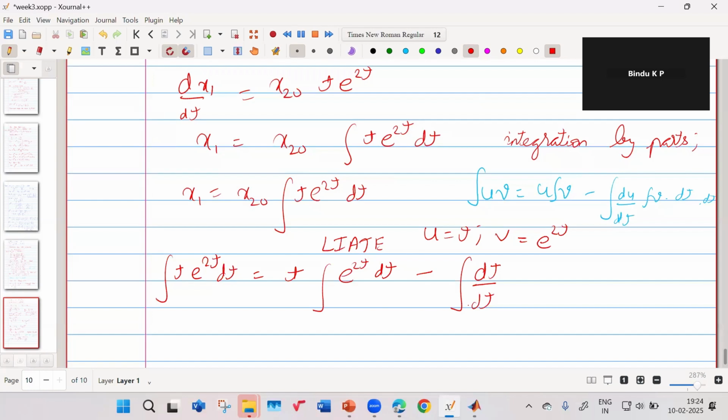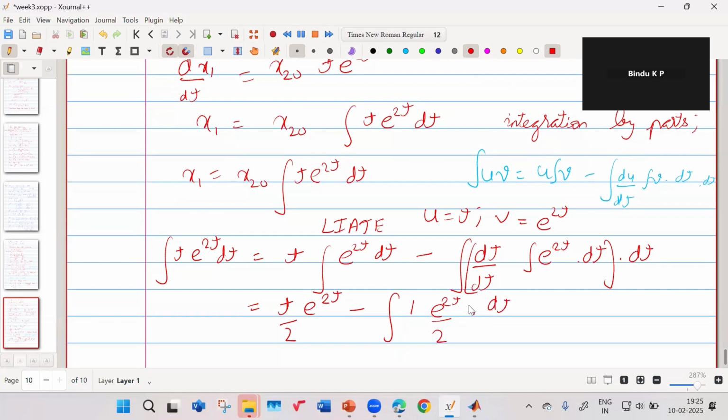So this is t times the integration of e to the power 2t dt, minus the integration of dt by dt, which is 1, times the integration of e to the power 2t, which is e to the power 2t upon 2.